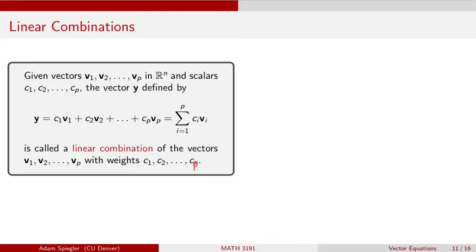So each of these c's is a scalar, each of these v's is a given vector, and we're taking some linear combination of these to wind up with the vector y. So this is a really important key definition in linear algebra, which is what is a linear combination of vectors.